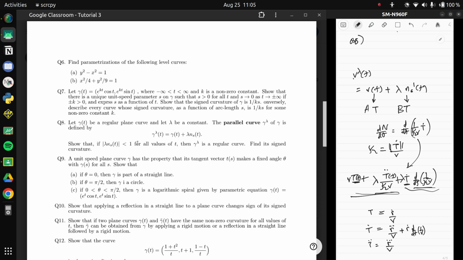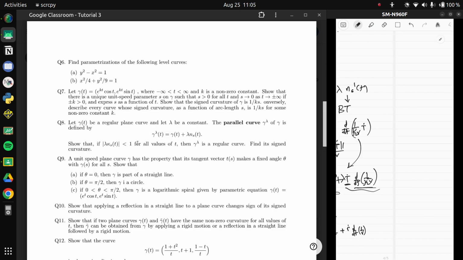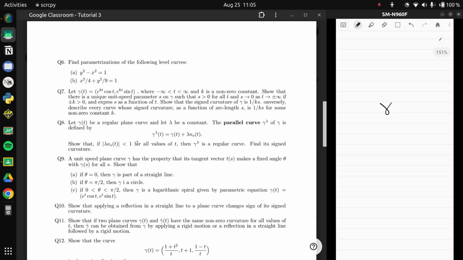Because if this is a regular curve, the unit parameterization would also be a regular curve or something like that. Sure. So you can just rewrite the whole thing as, whatever corresponds to t, you have some arc length corresponding to it, right? So just gamma of s plus lambda n sub s of s.